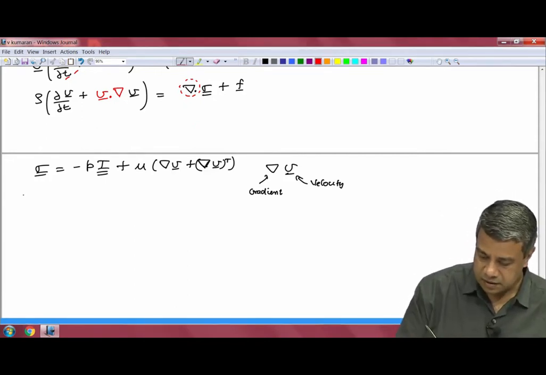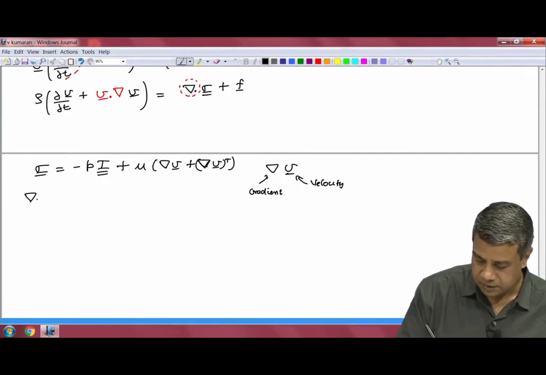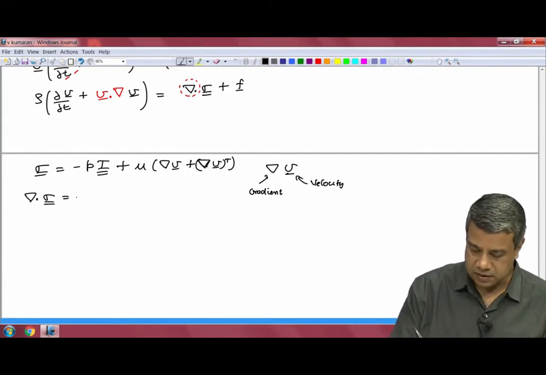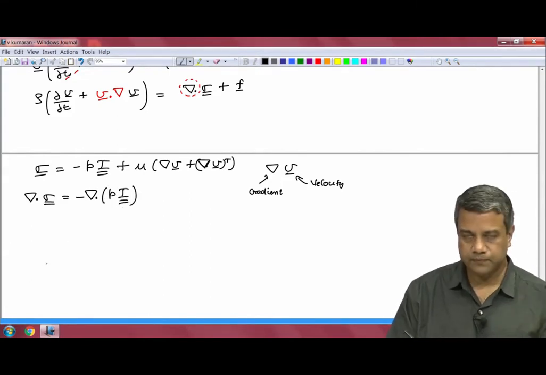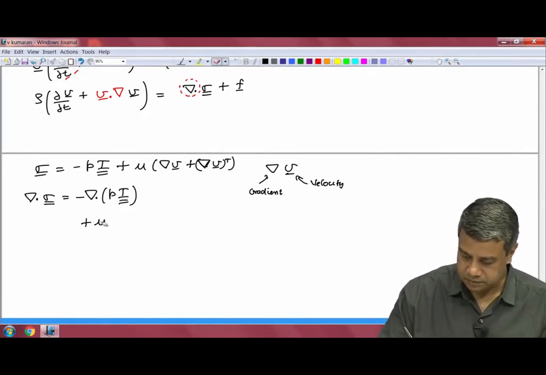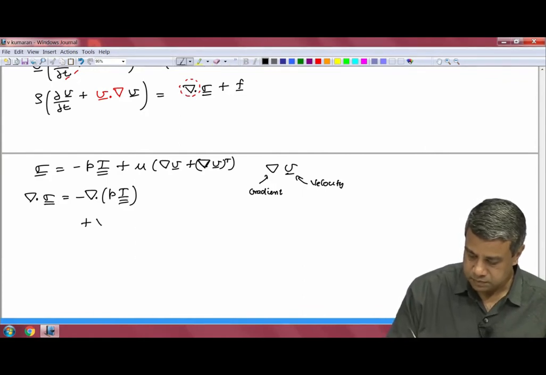So, if I take the divergence of sigma, what will I get? The first thing is minus del dot p I, plus mu into del dot grad v, plus mu into del dot grad v transpose.